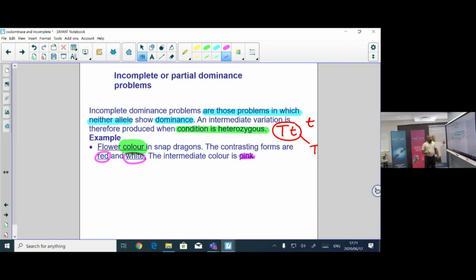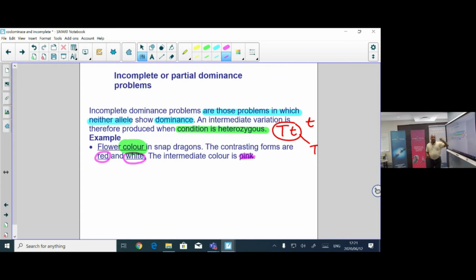So the blend between red and white did not give us either red in a dominant setup, if red was dominant over white, or white, if white was dominant over red.